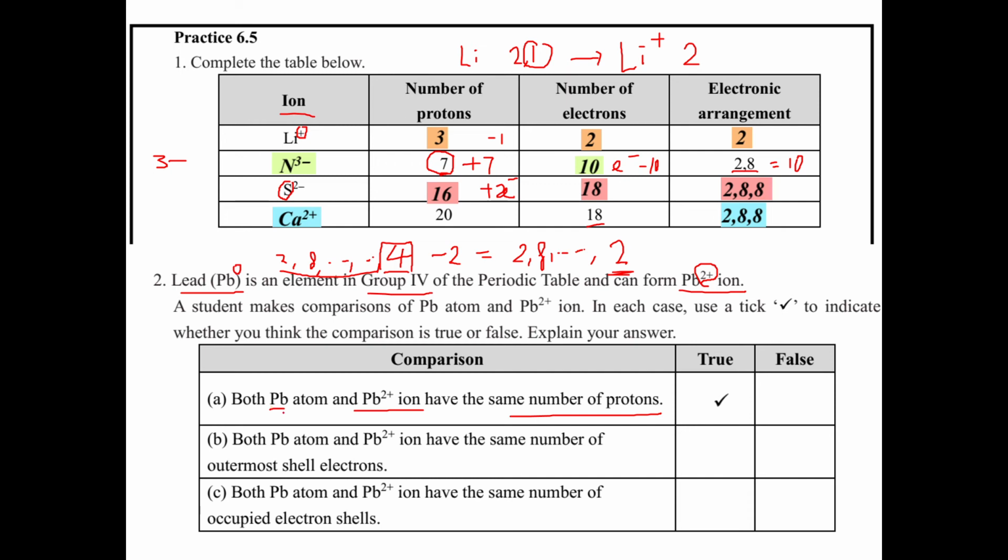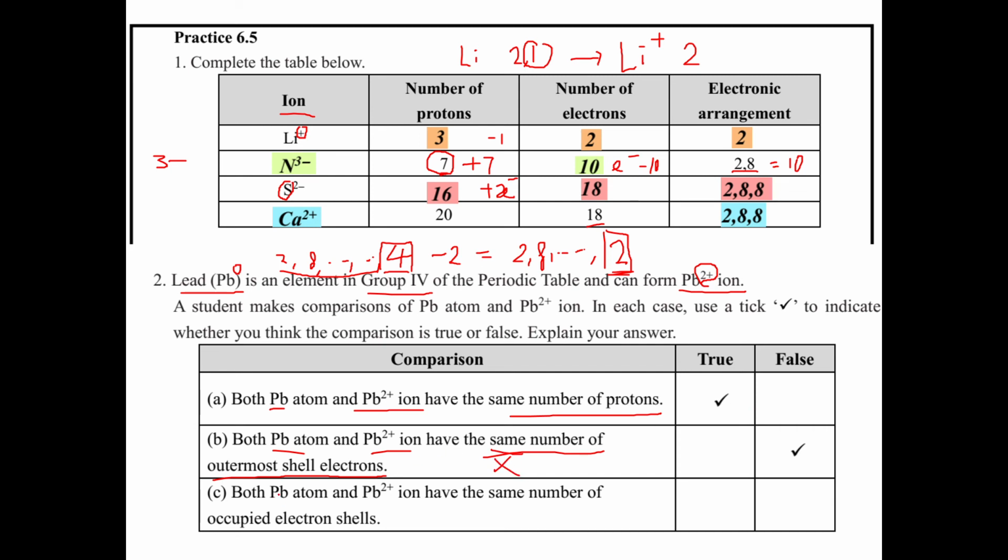Nothing changed. For B, both lead and lead-2 ions have the same number of outermost shell electrons, so it is false. For lead the outermost shell is 4, for the lead-2 ion it should be 4 minus 2, which is 2. So one is 4, one is 2. They are different, so they cannot be the same.